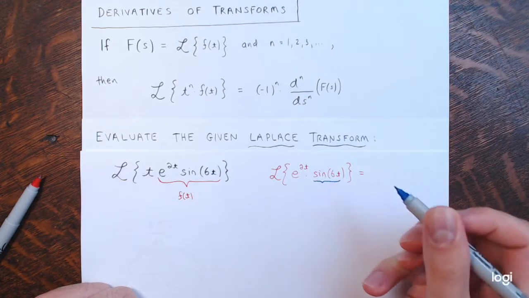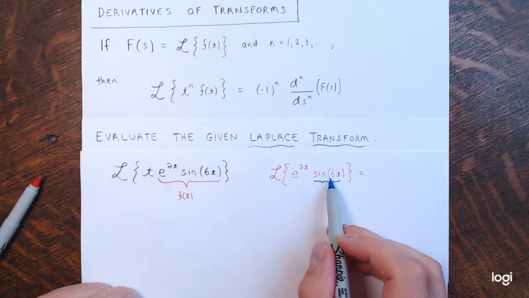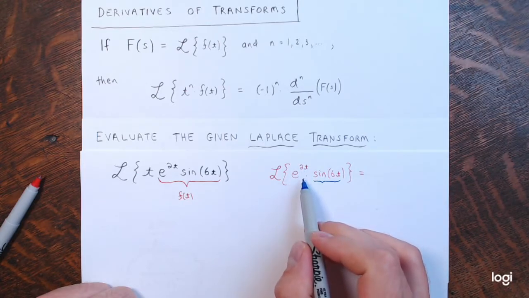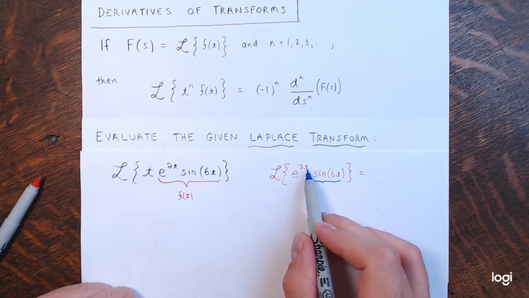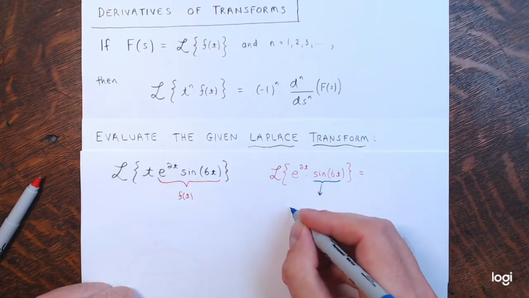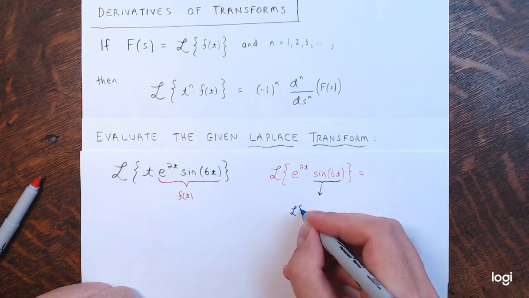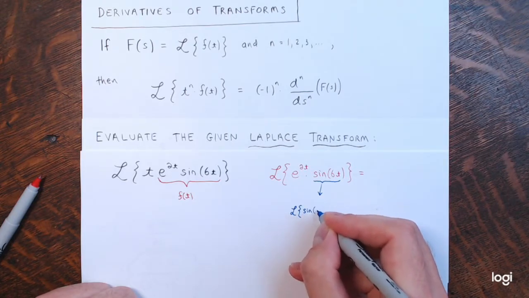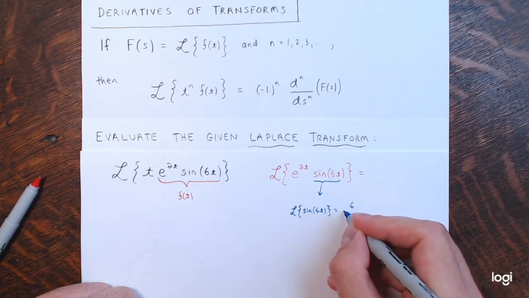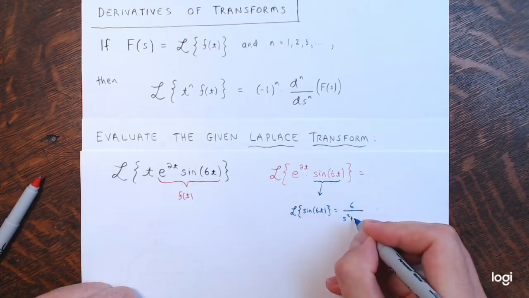Now maybe this will help ring a bell on what the first translation theorem says. Remember, the first translation theorem had to do with Laplace transforms of functions being multiplied by exponentials, e to the at. If you recall, the Laplace transform of just the sine of 6t would be 6 over s squared plus 36.